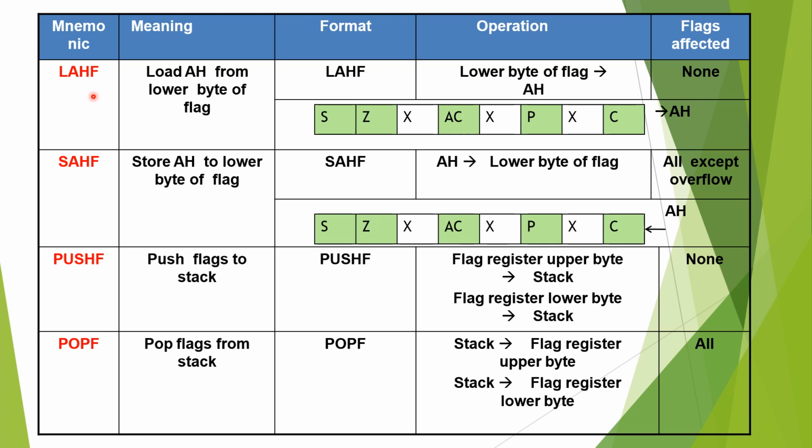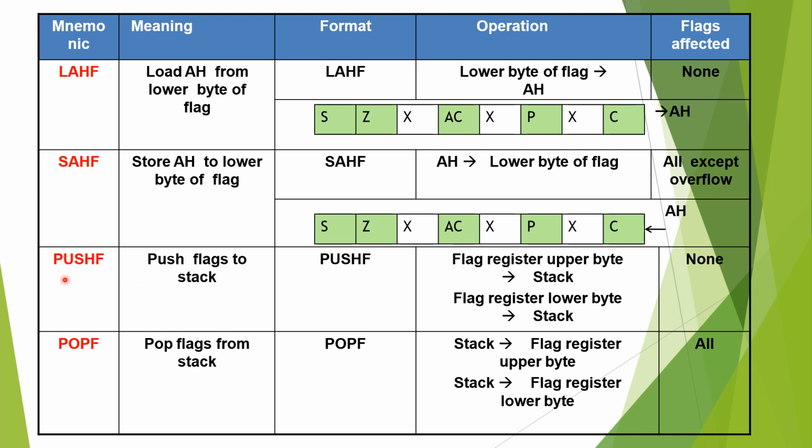So the lower byte of the flag register content is copied to the higher byte of the accumulator. And SAHF, it is stored AH to lower byte of the flag. So here the AH register content will be copied to the lower byte of the flag register. So here, when performing this store instruction, except overflow, all the other flags get modified.